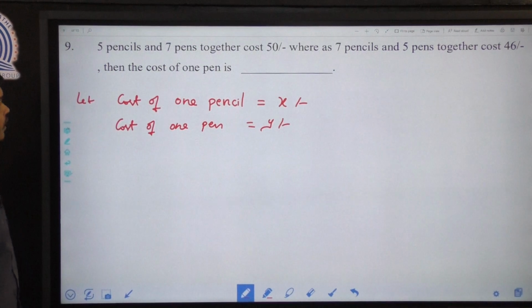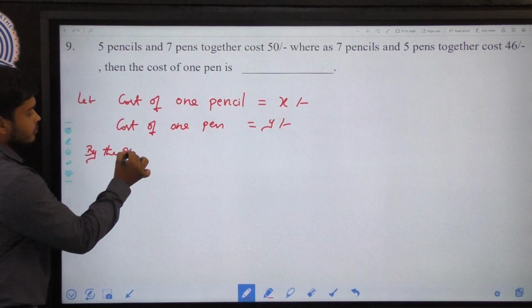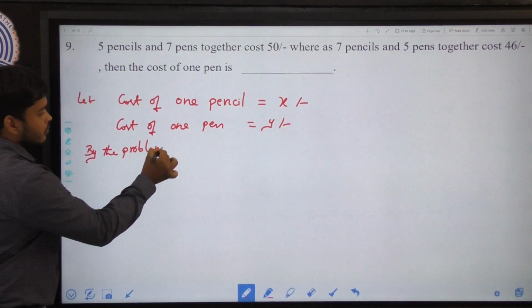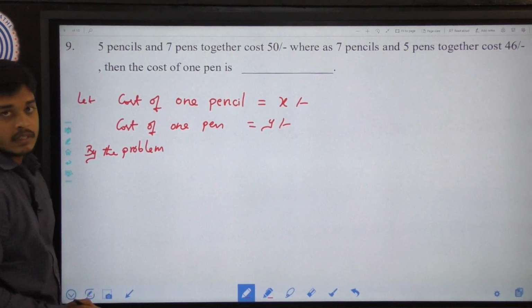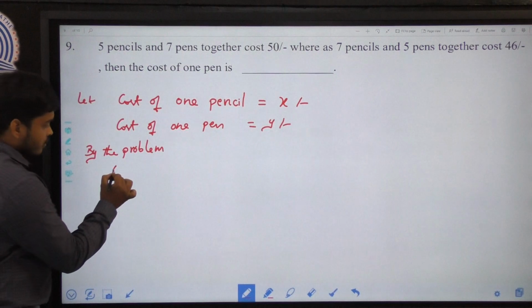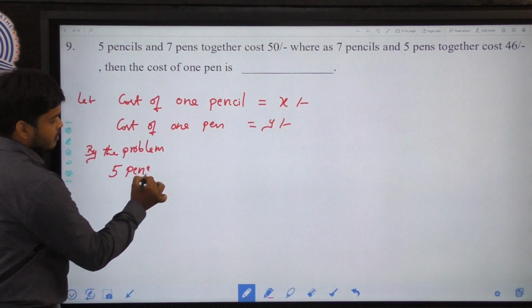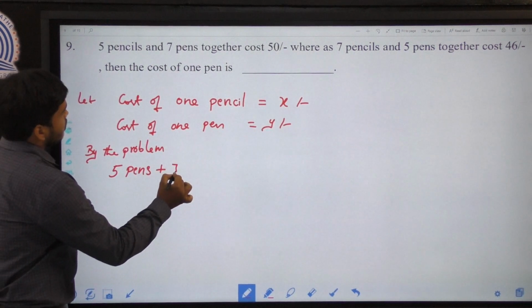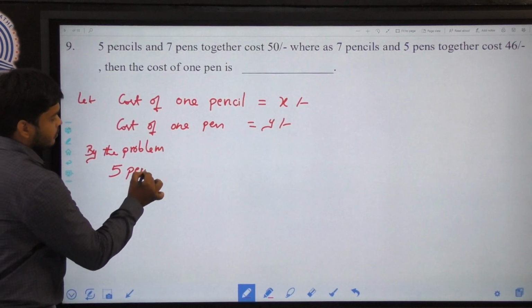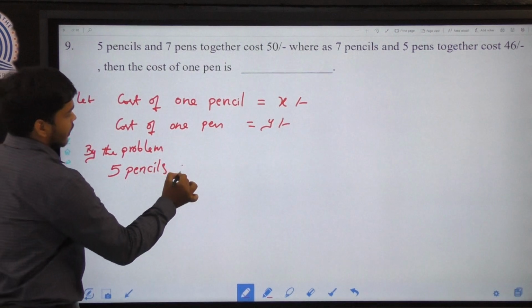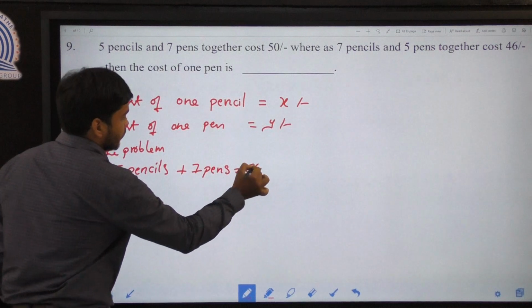By the problem, what is he saying? 5 pencils and 7 pens together cost 50.